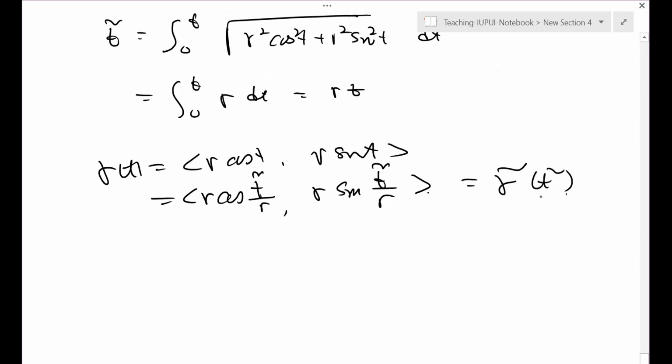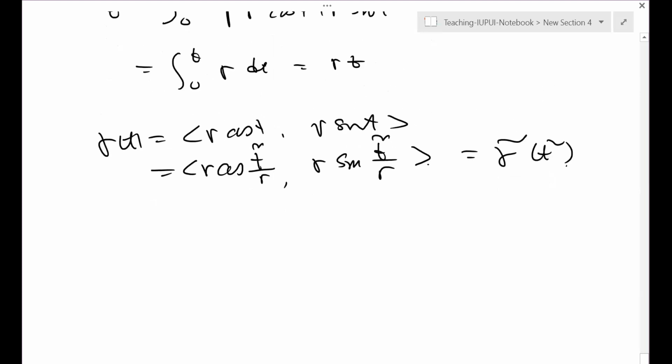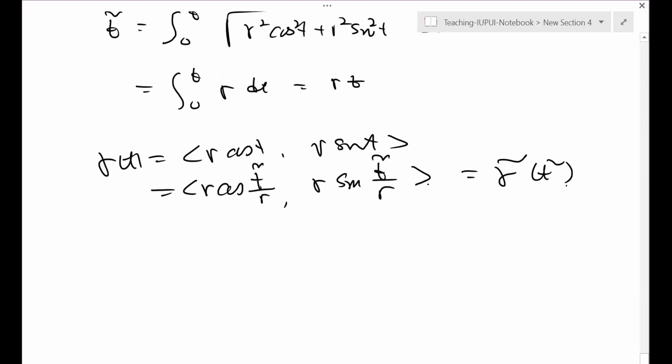Okay, but it's not always easy to find an arc length and then use it as a new parameter.